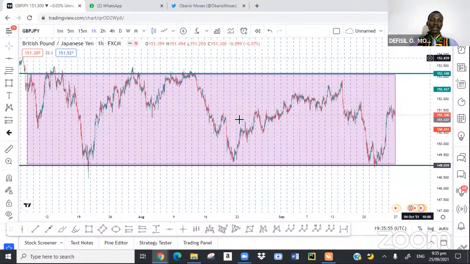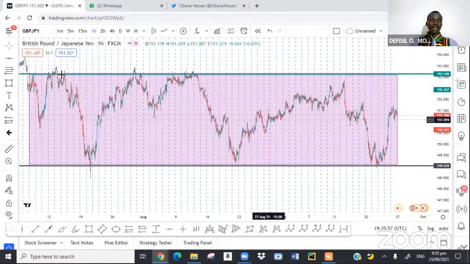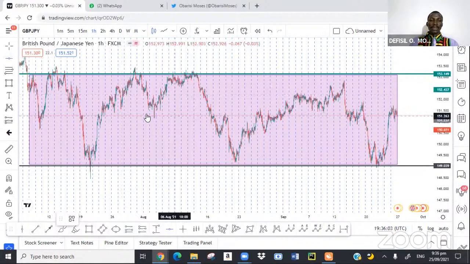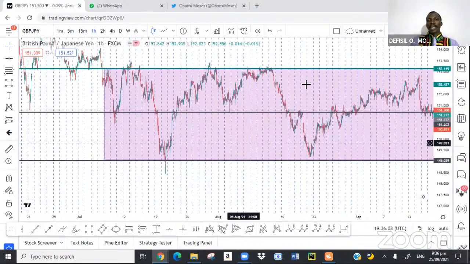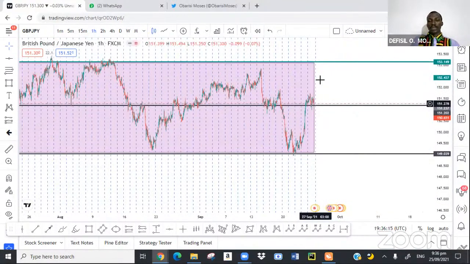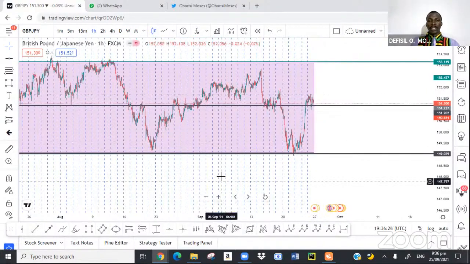Let me just add a line at that point. So you can see the barrier it is meeting currently. It has a tendency of coming all the way to this level. Now it has broken this barrier, but not enough momentum yet.